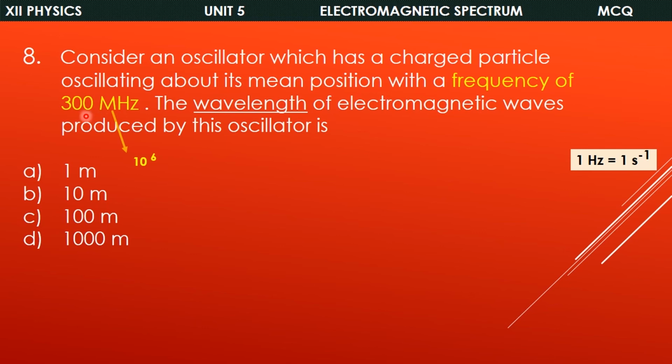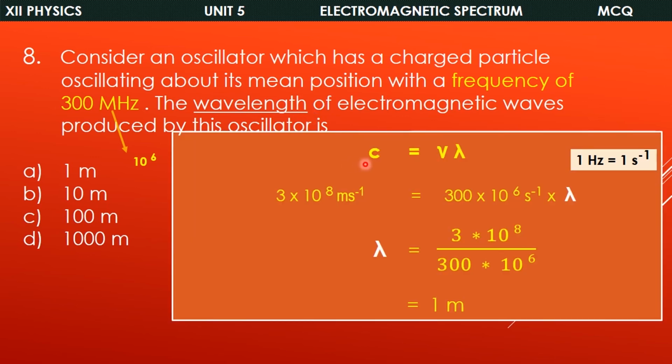Frequency is equal to 300 MHz. Mega stands for 10 raised to 6 and Hertz is a unit of frequency. 1 Hertz is also equal to 1 second minus 1. The asked quantity is wavelength.